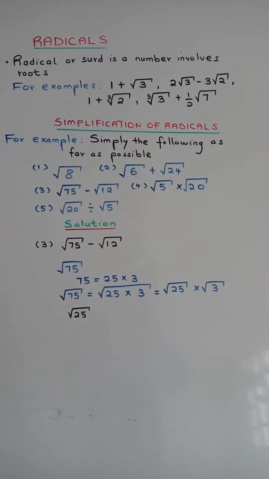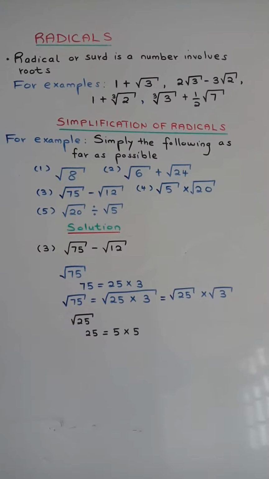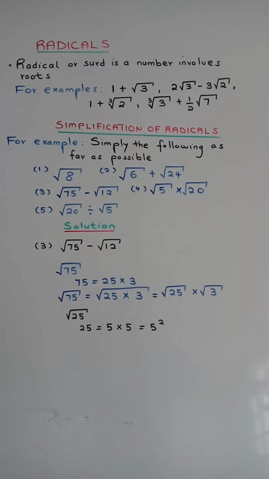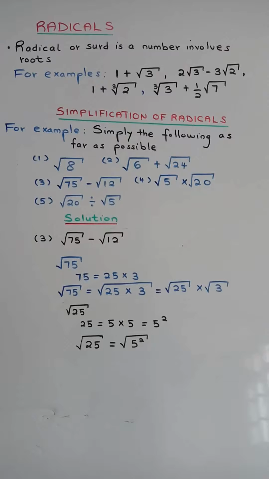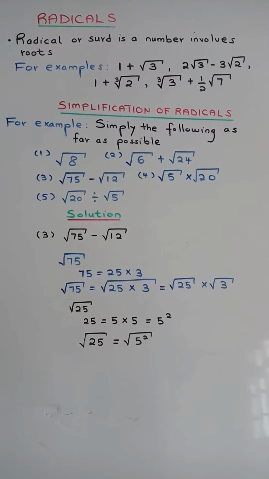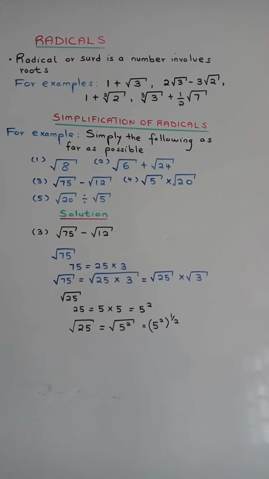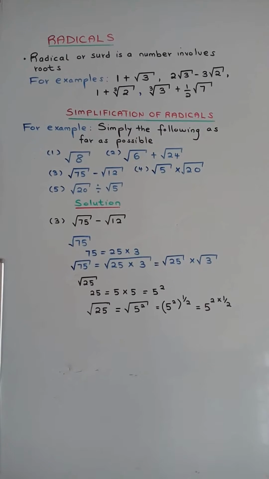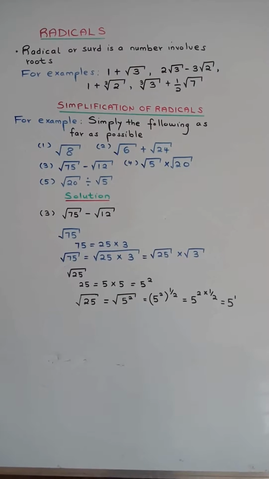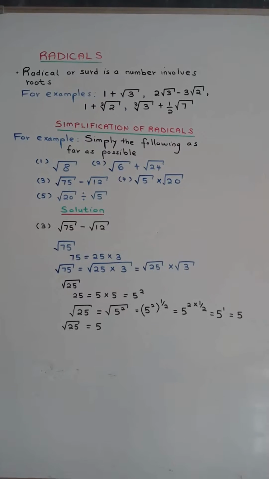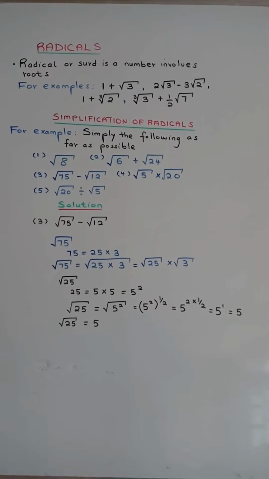Consider radical 25. 25 is equal to 5 times 5, which is equal to 5 squared. So radical 25 is equal to radical 5 squared, which is equal to 5 squared raised to a half, which is equal to 5 raised to 2 times a half, which is equal to 5 raised to 1, which is equal to 5. So radical 25 is equal to 5.